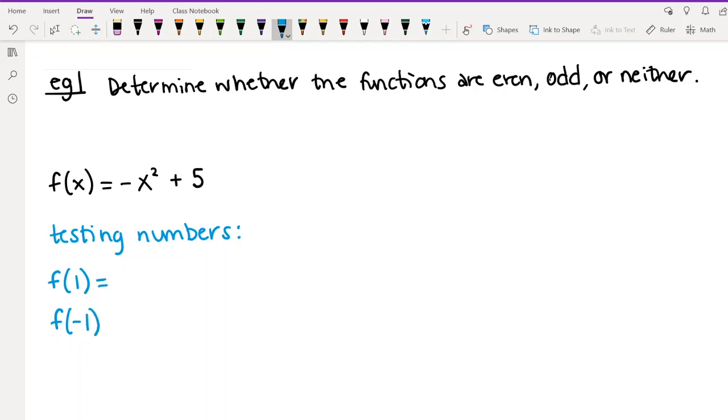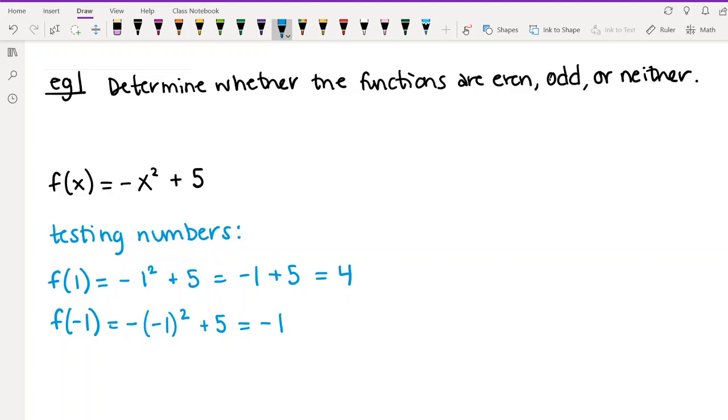Okay, so if we plug in f of 1, we're going to get -1 squared. So remember that negative is not inside the parentheses, so it gets applied after. So that's going to be -1 plus 5, which is 4. On the other hand, if we plug in -1, well, now we have this negative sign outside, but we also have a negative sign inside that's getting squared. And so that is still going to be -1, right?